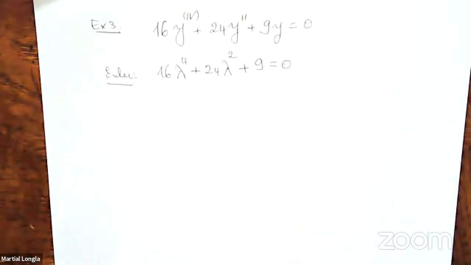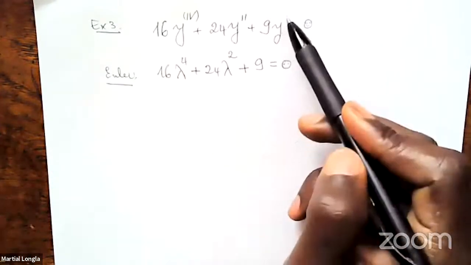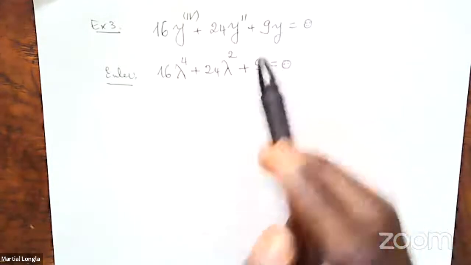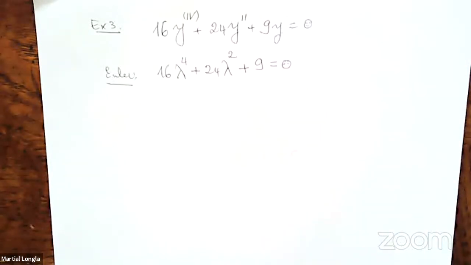But when it ends with y, make sure you don't put lambda where you just have y, because here the derivative is 0, so it's lambda to the power 0, so it's just y. So this is the Euler equation. Now you guys solve it for me, please. Let me see. First one gets to tell us what the lambdas are.